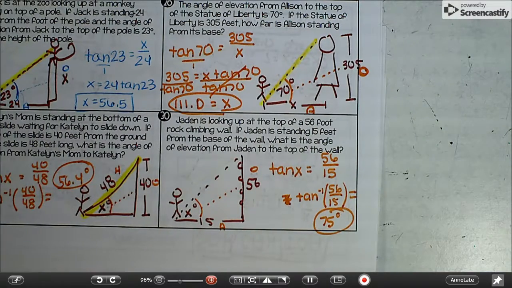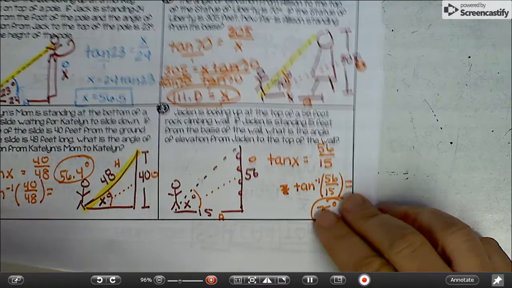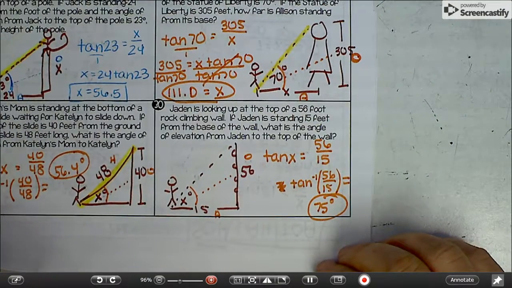All right, so she's looking up at a 75-degree angle at the top of the wall. If this video cuts off while I'm doing angle of depression, that's it. I'm not going to do any more right now.